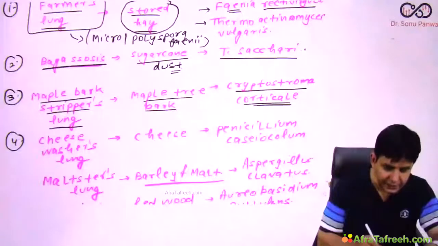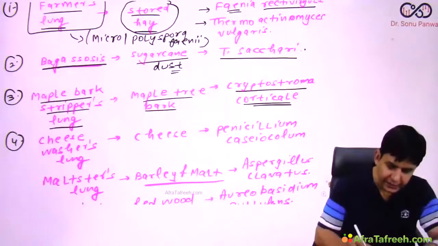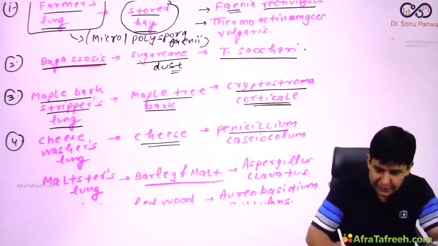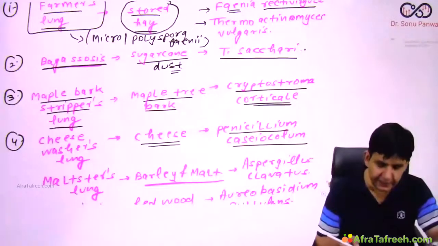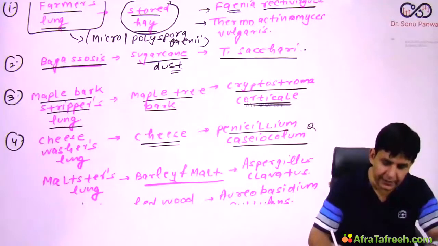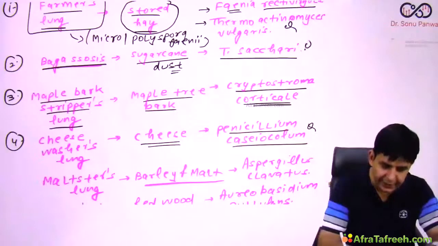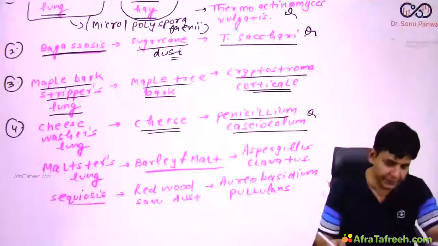Fourth is cheese washer's lung. It happens to those who work in cheese factories, and the causative organism is Penicillium casei. This can come as a question. So remember the first one is very important and the second one is very important, and cheese washer's lung is also very important.